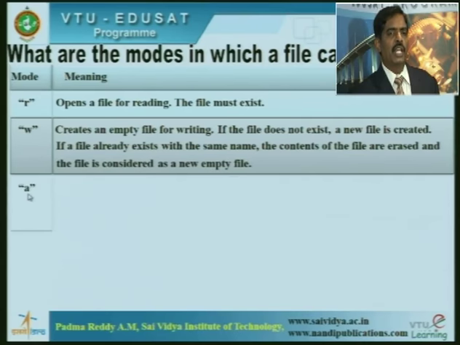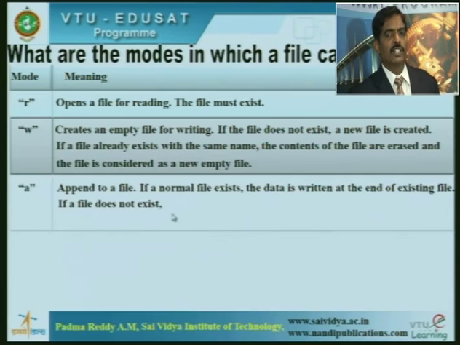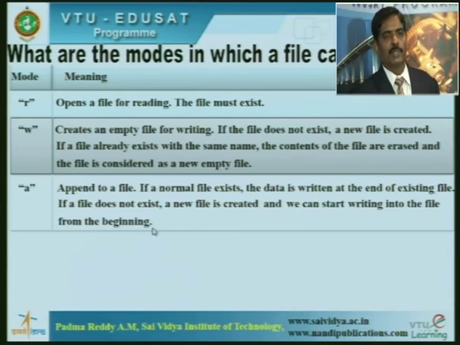And we may use a. If I write a within double quotes, it means it is append mode. If a normal file exists, the data is written at the end of the existing file. So if a file does not exist, a new file is created and we can start writing into the file from the beginning.